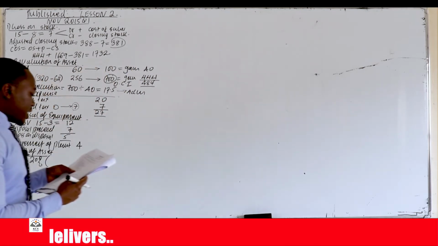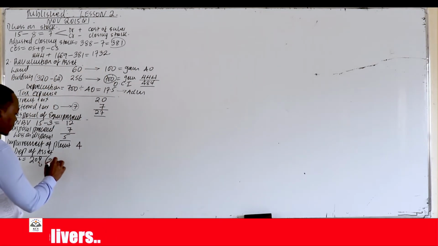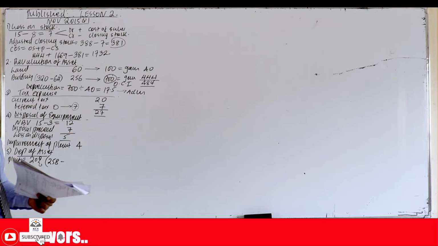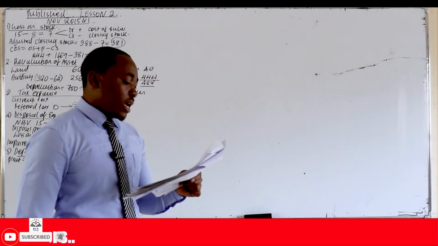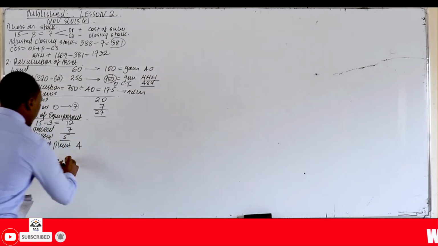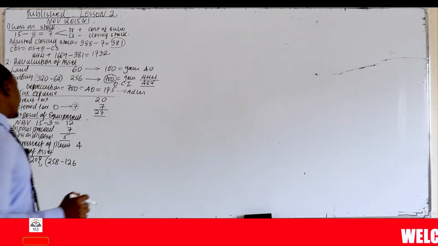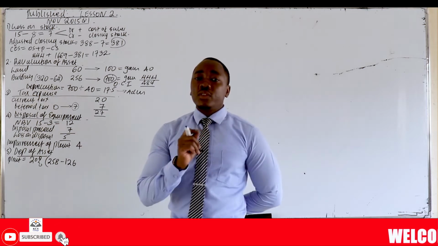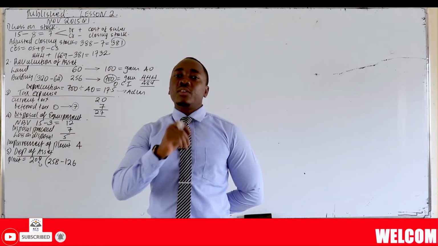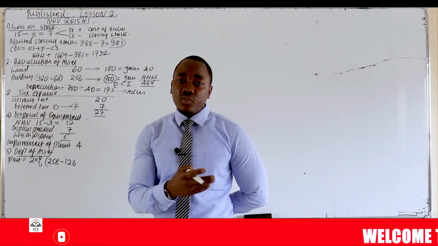Plant and equipment, the cost was 258. We minus the accumulated depreciation, and the accumulated depreciation is 126. Now reason here. We are using reducing balance, but the asset we disposed, we don't provide the depreciation on the year of disposal.